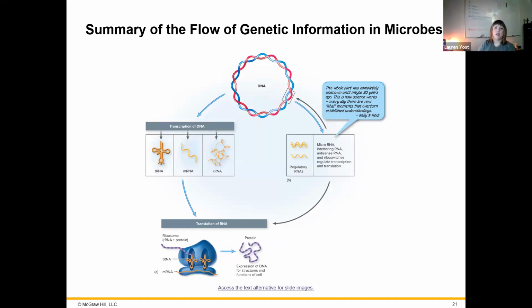So here's the flow of genetic information in microbes. We have our DNA, and it's our circular little chromosome here. And we can use the DNA to make our mRNA and our ribosomal RNA. So all of these are going to work together later on, but they originally all came from a DNA area, right? So that was encoded within the DNA.